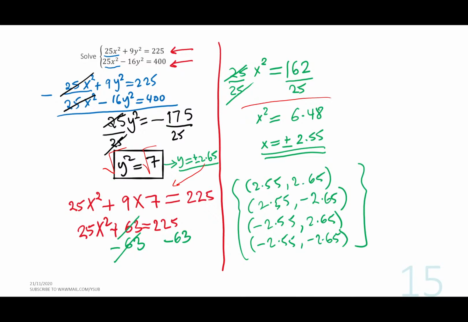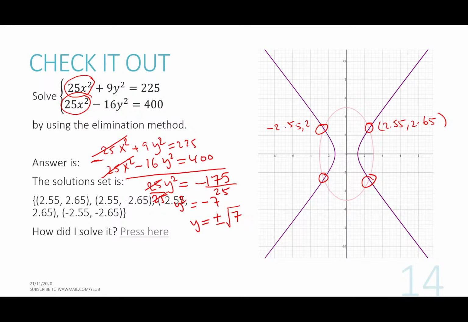So if you go to the drawing back, you will find that there are 4 intersection points as mentioned, which is 2.55 and 2.65, which is just one, and this one is minus 2.55 and 2.65.